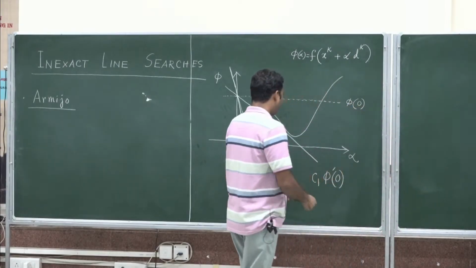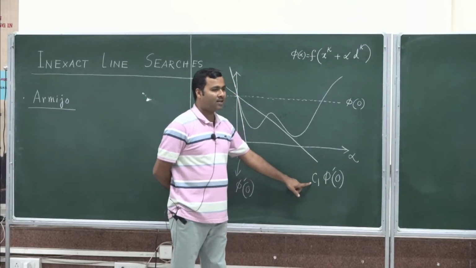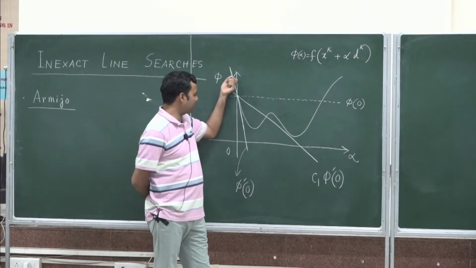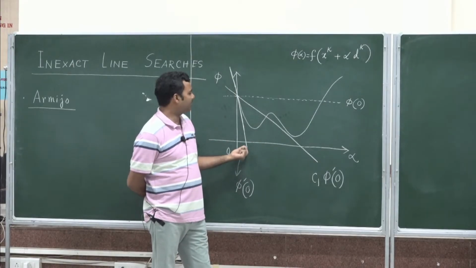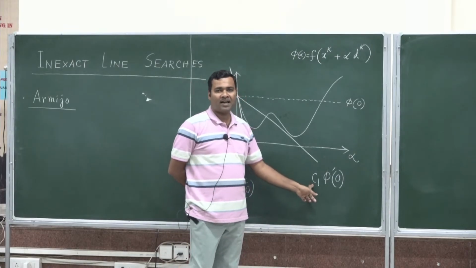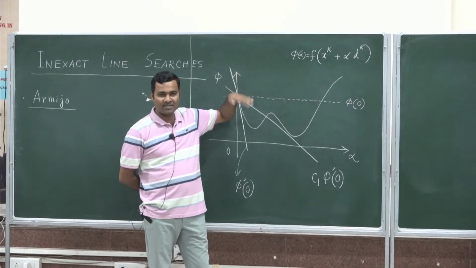The closer the value of C1 is to 1, the more this line moves almost toward the tangent line. If I consider C1 very close to 1, then I am over-aggressive, because I want the function value as low as possible.